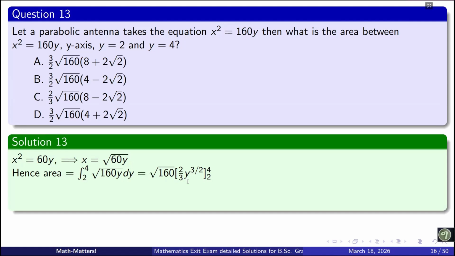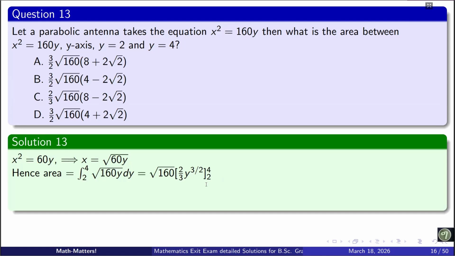Therefore, the integral of the square root of y is y to the power of 1 over 2 plus 1, over 1 over 2 plus 1, which is y to the power of 3 over 2 over 3 over 2. Then taking the reciprocal of the denominator, we have 2 over 3 as the coefficient.